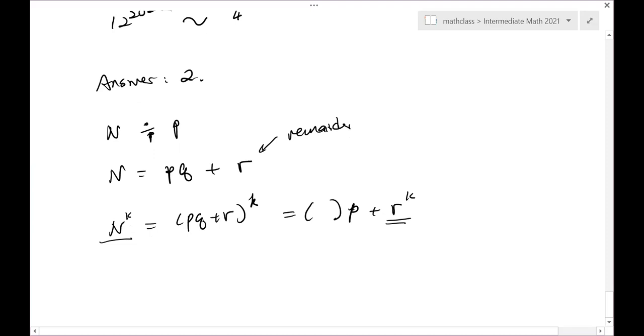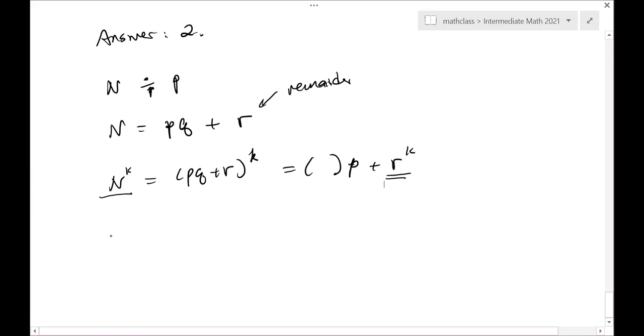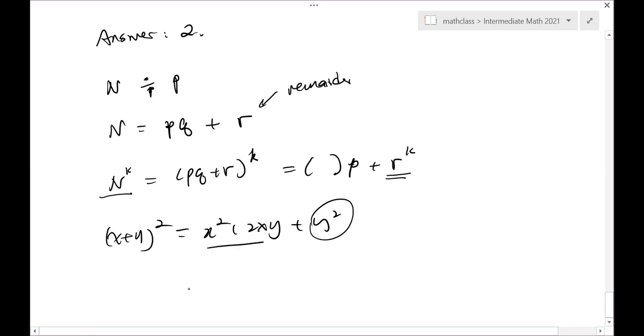There's a general formula in mathematics: (x plus y) squared is x squared plus 2xy plus y squared. This is y squared here, and the other part contains x.